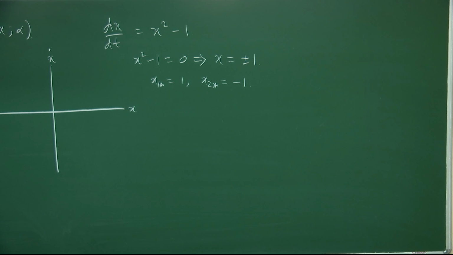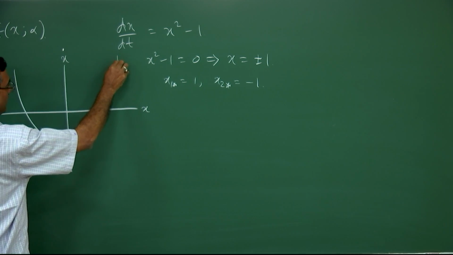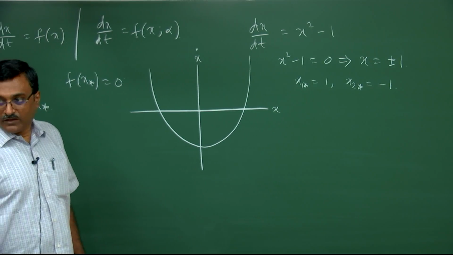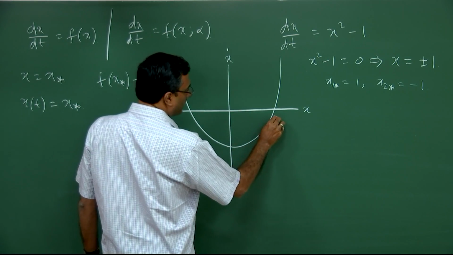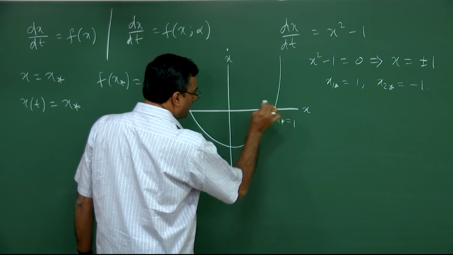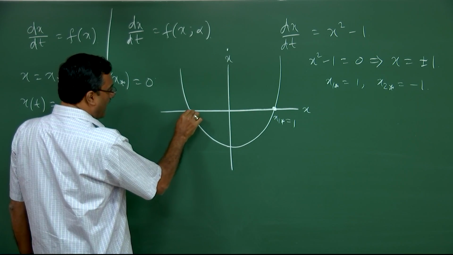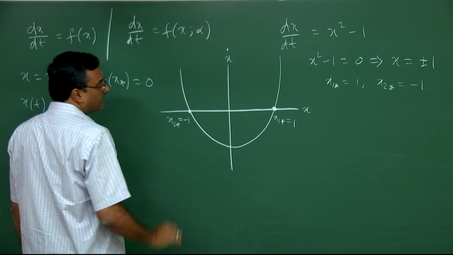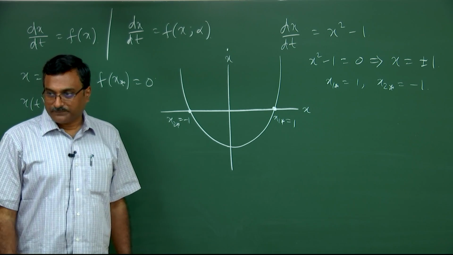In the x-x dot plane, if you draw this curve x square minus 1, it will be a parabola like this. So this is your point x1 star equal to 1, and this is your point x2 star equal to minus 1.